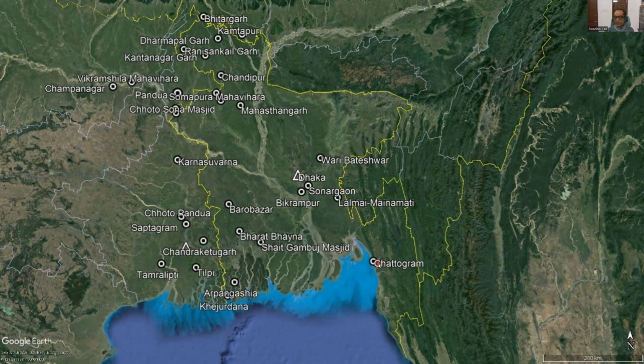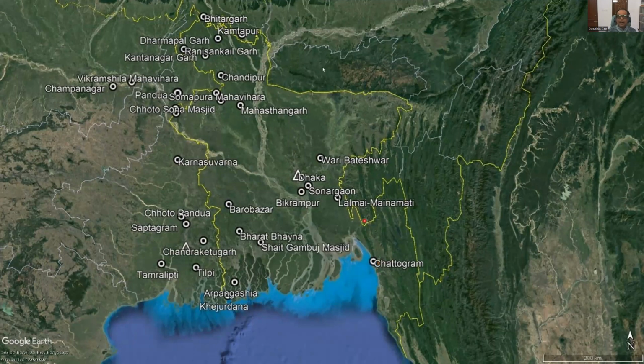And Chattogram is identified as the famous port of Satgaon or Samandar in the early medieval and medieval texts or chronicles by the merchants. So there are several settlements which are identified as urban centers in this part of our Ganges-Brahmaputra-Meghna Delta.